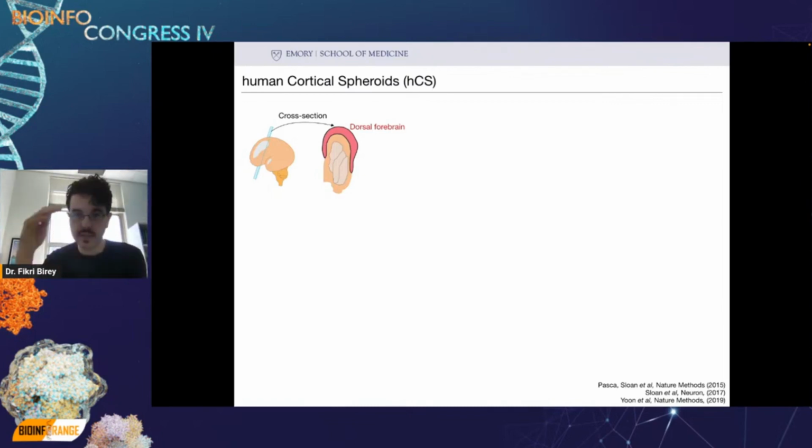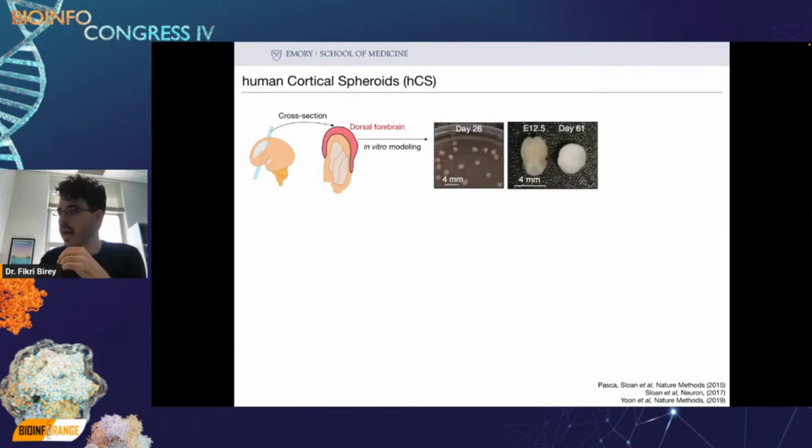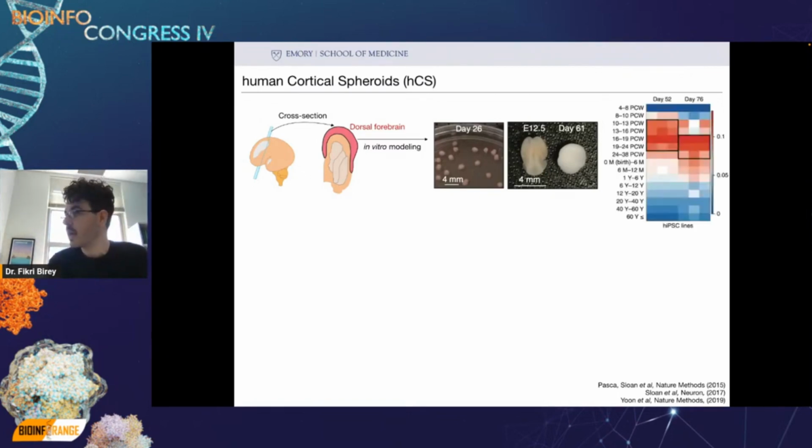As I mentioned to you, this is where the glutamatergic neurons really arise during development. And the work from my postdoctoral lab coined this term human cortical spheroids at the time. And this model really involved generating these 3D structures that were a few millimeters in size, kind of in terms of its size resembled an E12.5 mouse brain, for those of you that come from this kind of work.